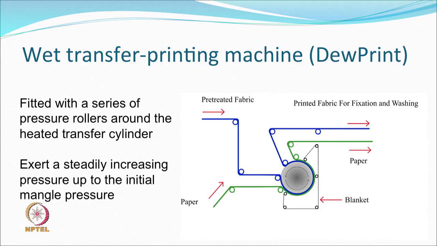This machine was brought into the market. Wet transfer was not very nice, and the people who actually became more interested ultimately were the wool people. So, you have a good research institute in Australia, and of course, a nice work being done in UK on wool.